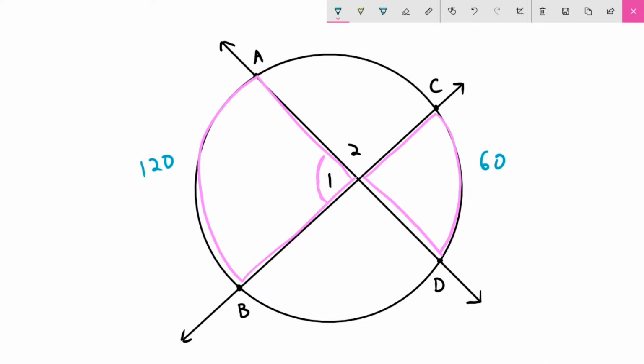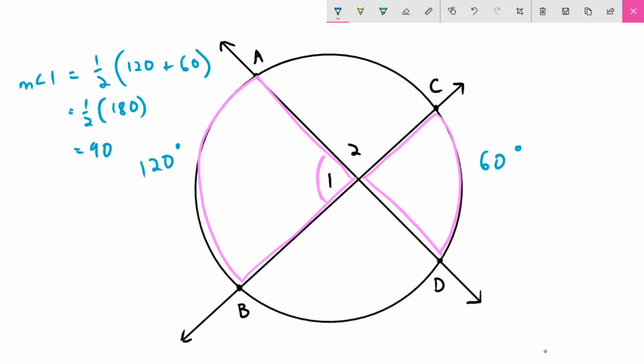Well, I would take those 2 measures, 120 degrees and 60 degrees, and put them in my formula. So the measure of angle 1 equals 1/2 of one piece of pizza, 120, plus the other, 60, so that'd be equals 1/2 times 180, that's 90, done, there it is.